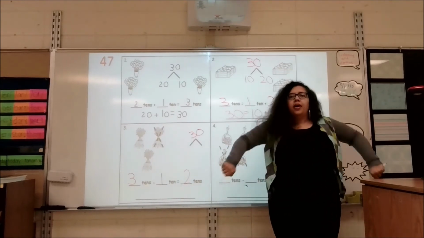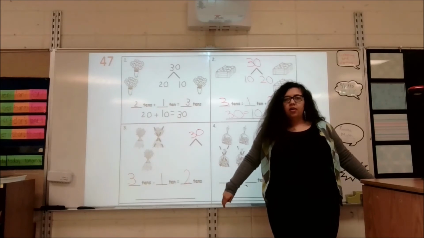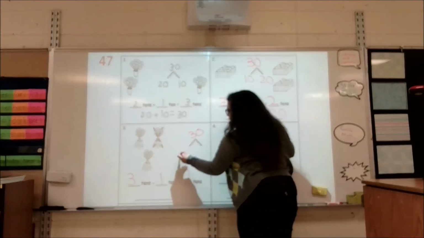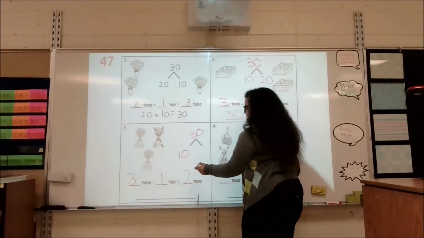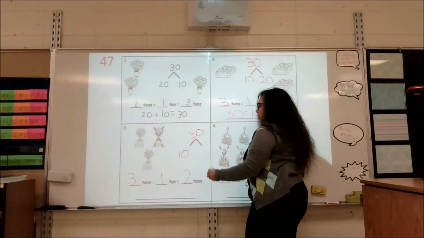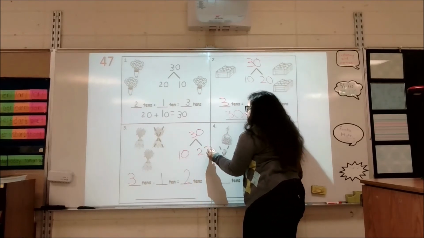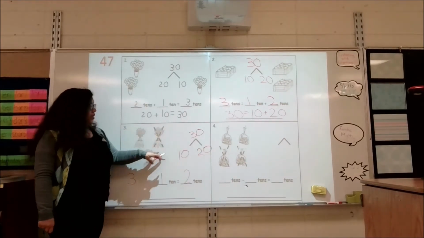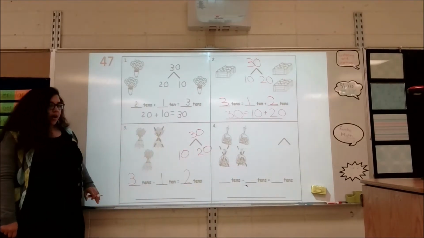And what are my parts? 1 ten. What is the value of 1 ten? That's 10. That's your fingers. Good. And my other part, the value of 2 tens is 20. So now that we have all the information, let's write a number sentence using the values of the numbers given.